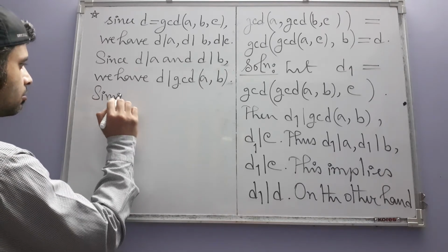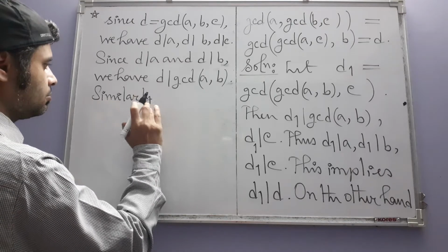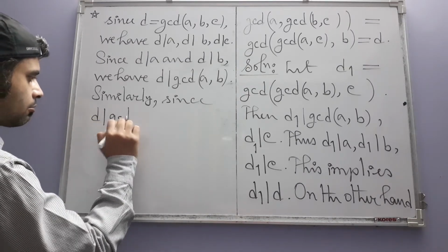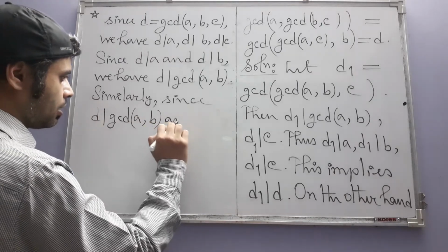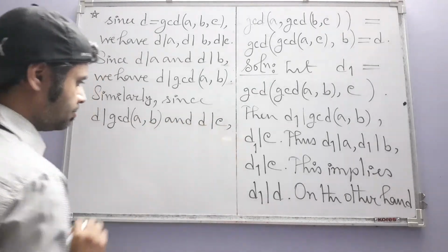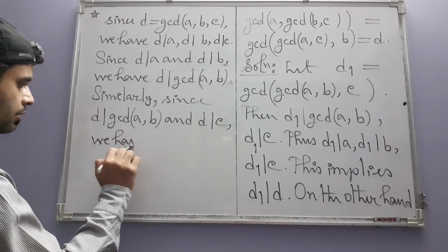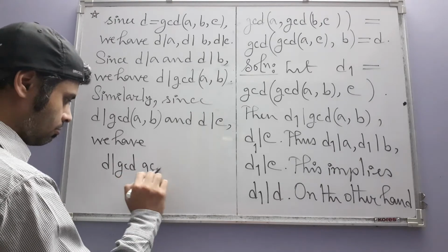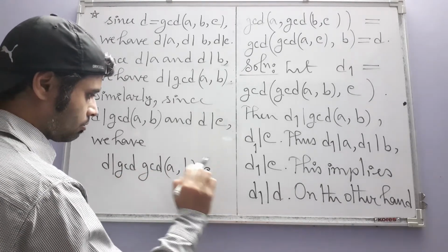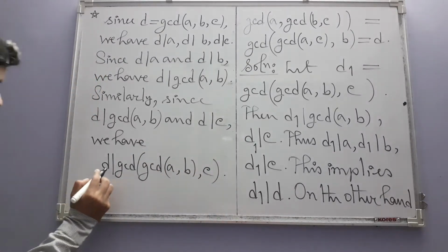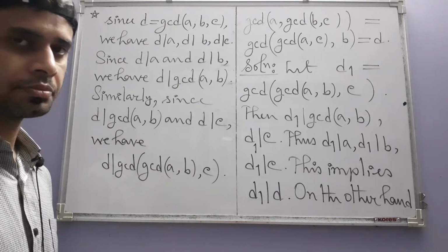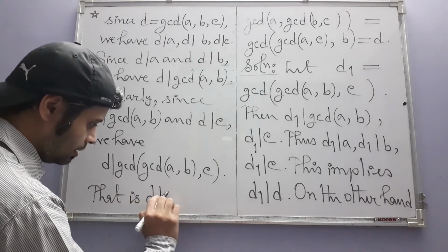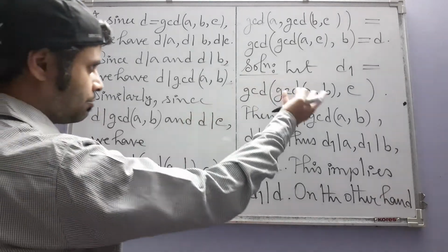Similarly, since D divides this and D divides C, we have, in a similar manner, this, that is D divides D1, because this is D1 according to how we are naming this.